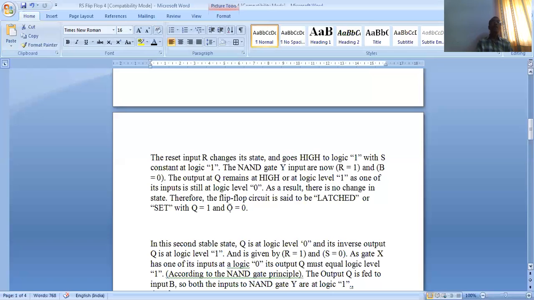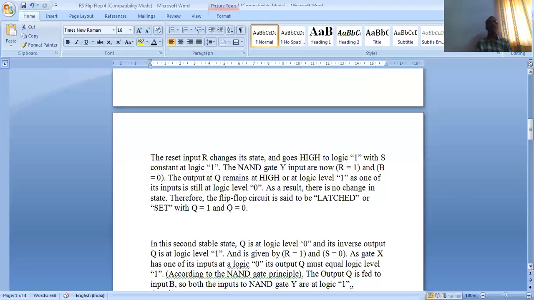When R equal to 0, S equal to 1, Q equal to 1, Q bar equal to 0, this particular state of the RS flip-flop is called the set state of the flip-flop. This is because output Q is equal to 1. And the last state, when R equal to 1, S equal to 1, the output is in the forbidden state.